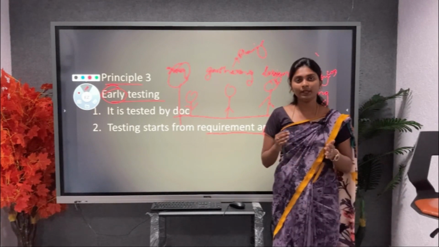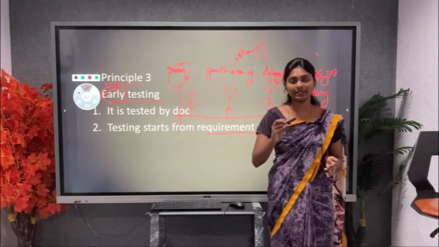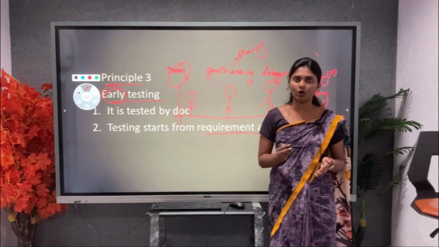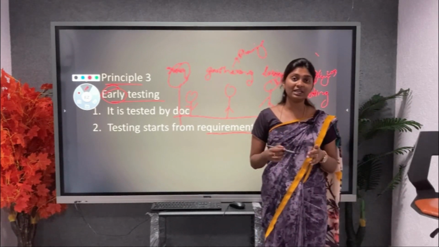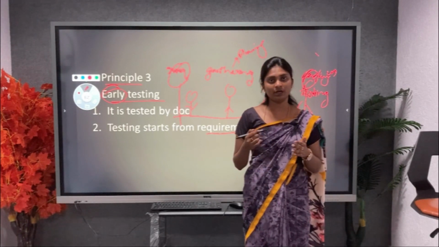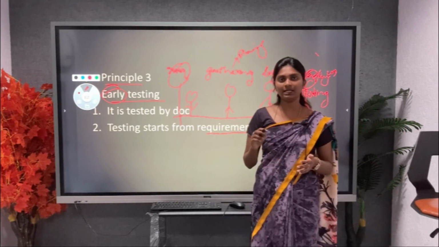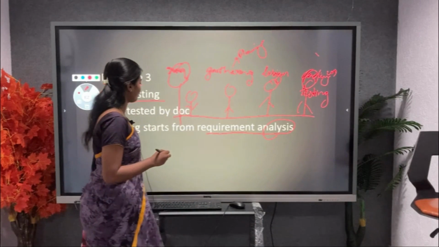So that's why we are saying that in testing, a particular project can easily be identified by the documentation. So this is the need which we have to take: bugs at the early stage are easy to prevent. Okay, early stage bugs are easy to prevent.